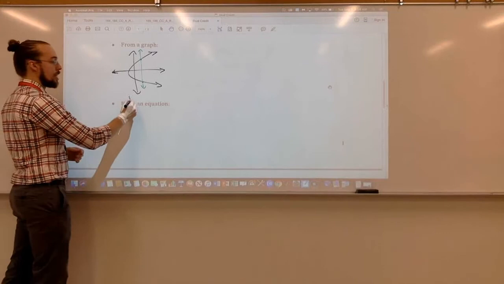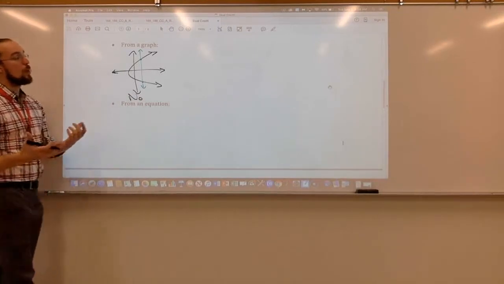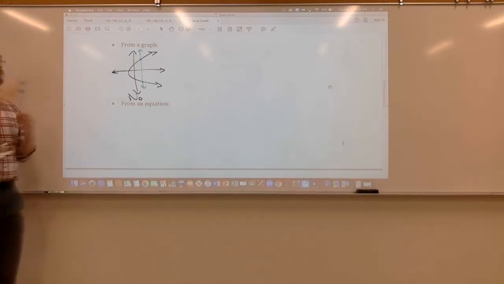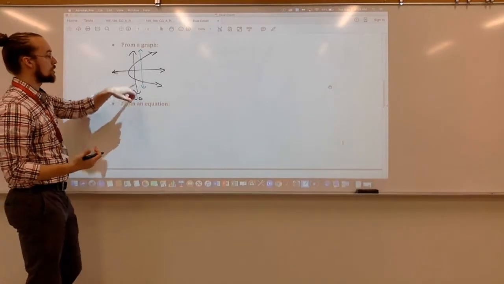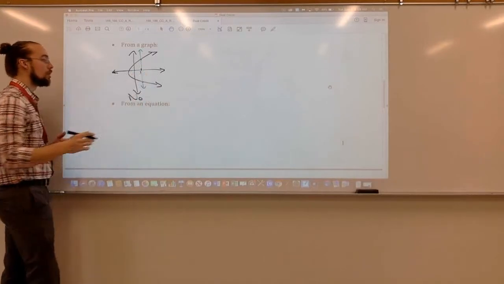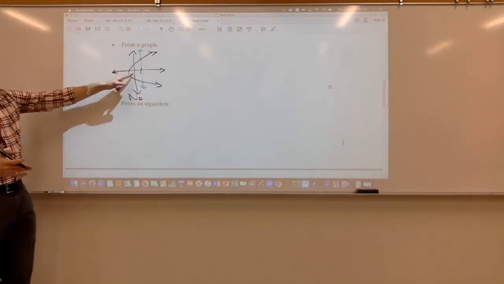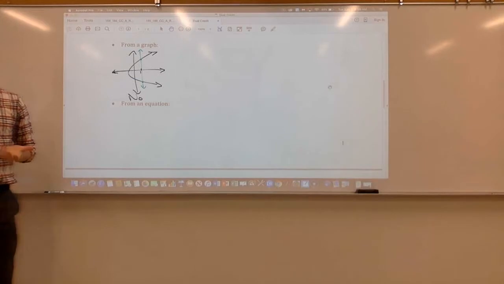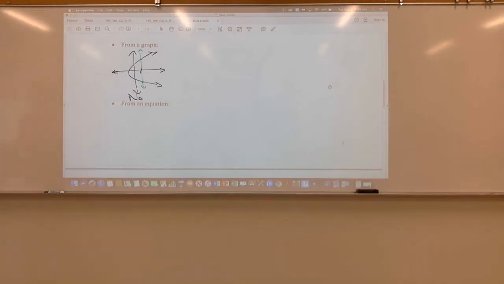This is not a function. For each input, let's say this is an input of 1, our x value is 1. We're getting out 2 different y values for that input. That means it's not a function.